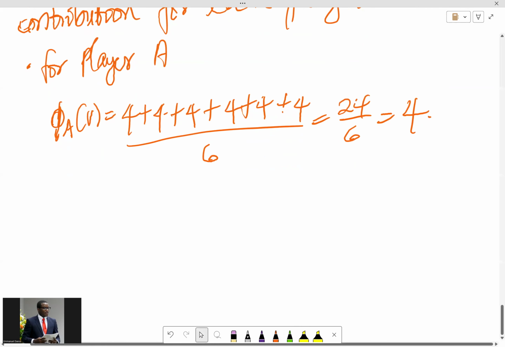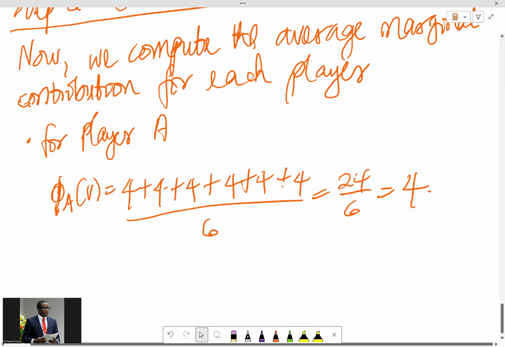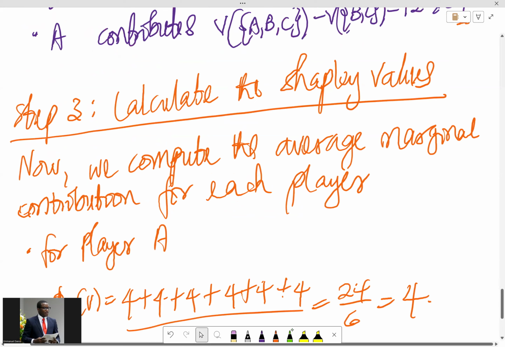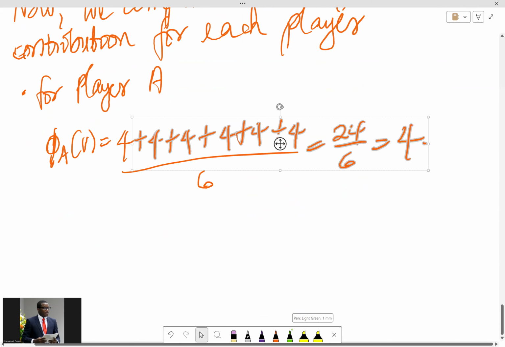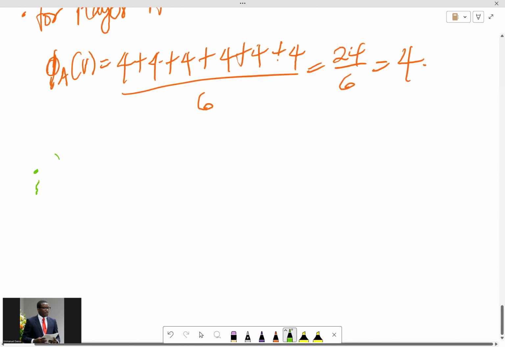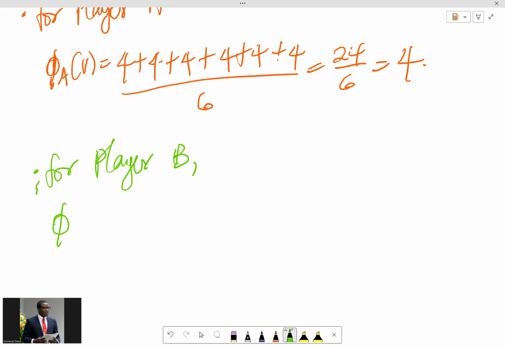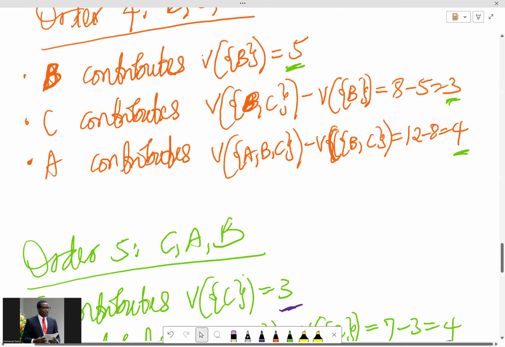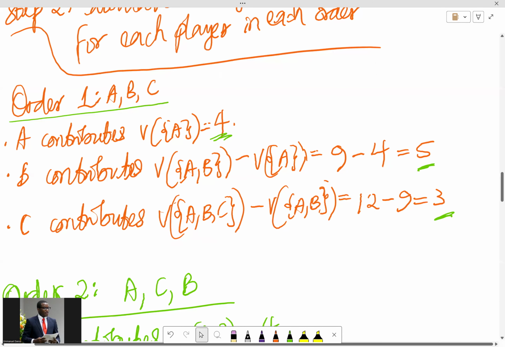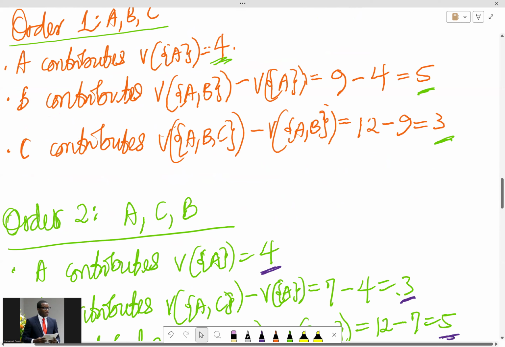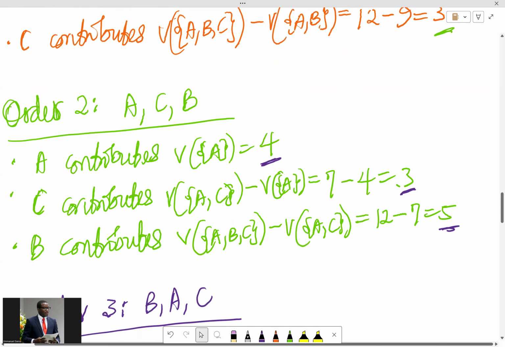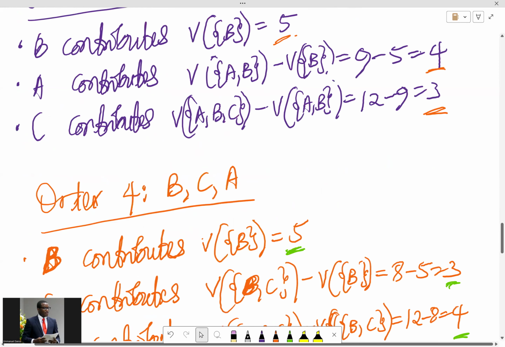Okay. So for player B, the Shapley value phi B of V will now be, in order 1, B is 5. So we have 5. In order 2, B is also 5. In order 3, B is 5.